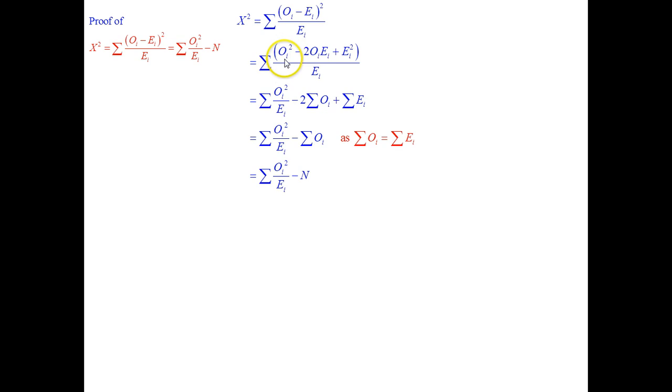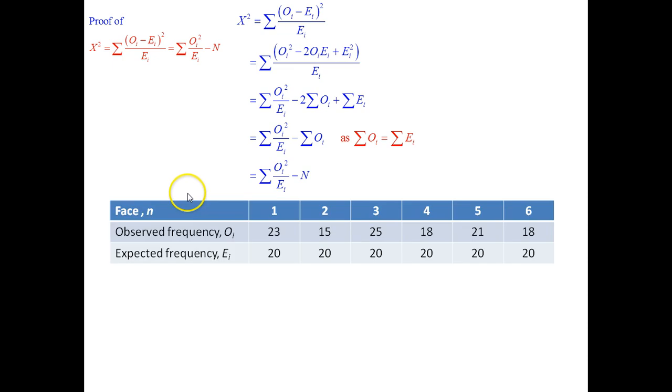So you've got the sum of O squared over E. The E is cancelled here, so we've got twice the sum of O, and one of these is cancelled here, so we've got plus the sum of E. Now as the sum of O and the sum of E are the same, as they're the number of trials, minus twice of them plus once gives minus once, and that is equal to n. So our two formulas are the same.